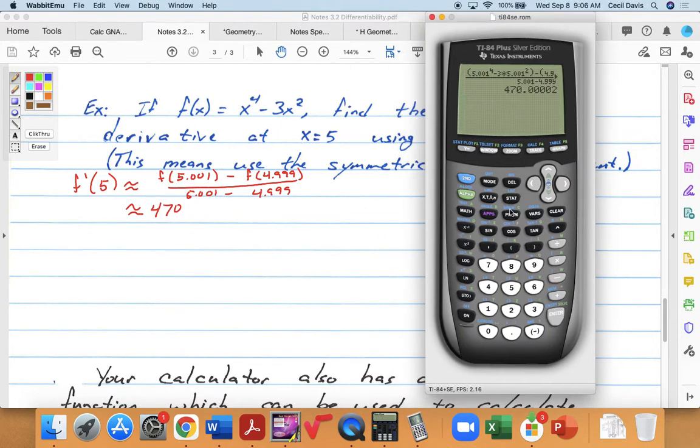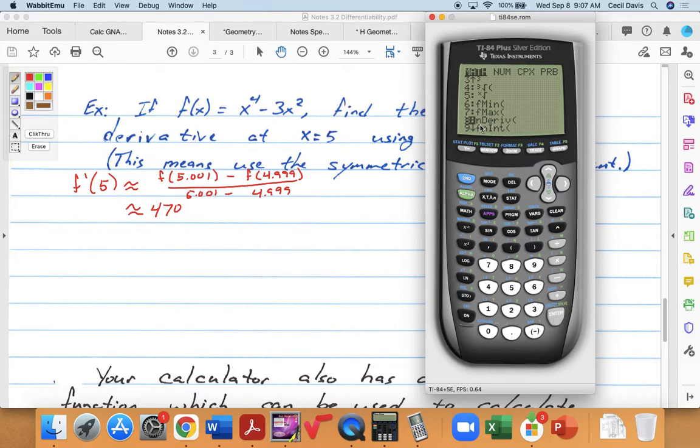Here's how it works. If you go to the math menu, scroll down to number 8. This is the third thing you have to be able to use a calculator for on the AP exam. Remember, the first two are graph in an appropriate viewing window, and second, be able to solve an equation. The third thing is be able to find a numeric derivative.